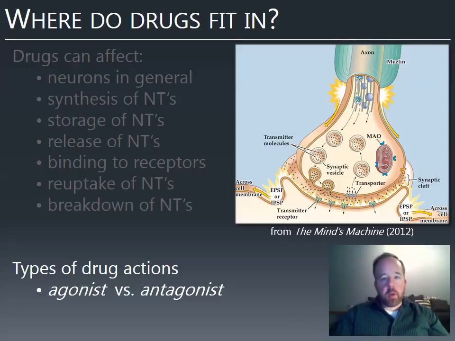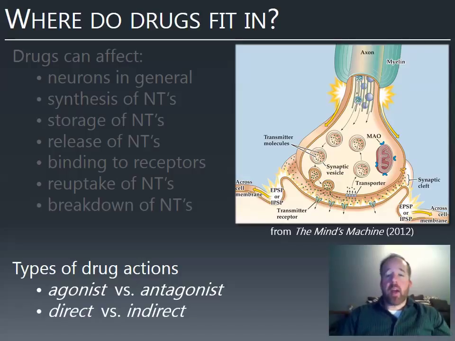If a neurotransmitter normally activates a receptor, an antagonist would, in one way or another, it's not specific to how, inhibit the action of that neurotransmitter. You can do it in a variety of ways, but an antagonist diminishes the activity of that neurotransmitter. An agonist is the opposite. It either mimics or in some way enhances the action of the neurotransmitter. So those are two opposite concepts.